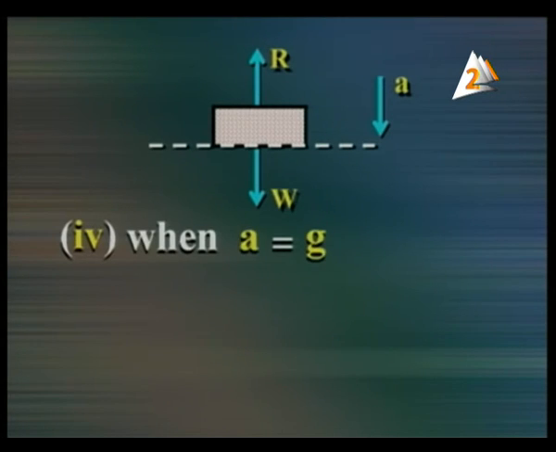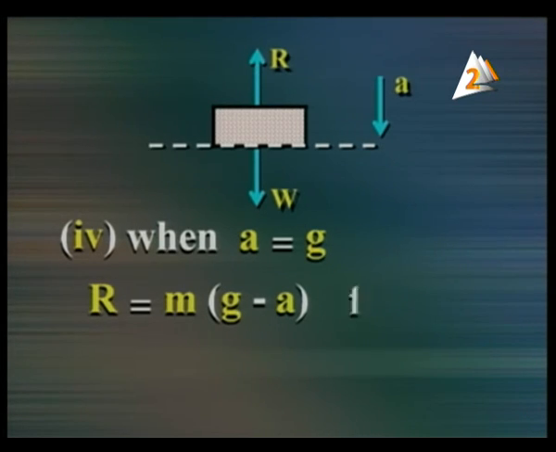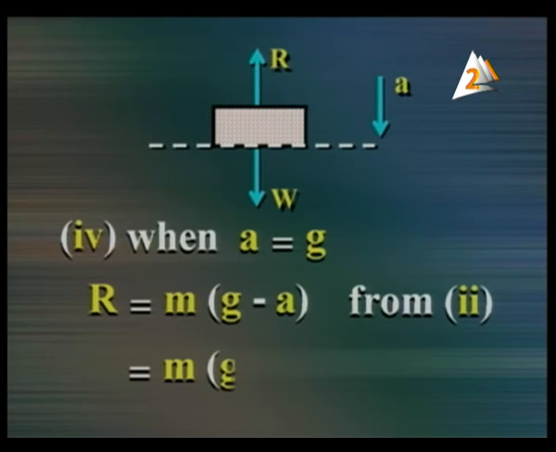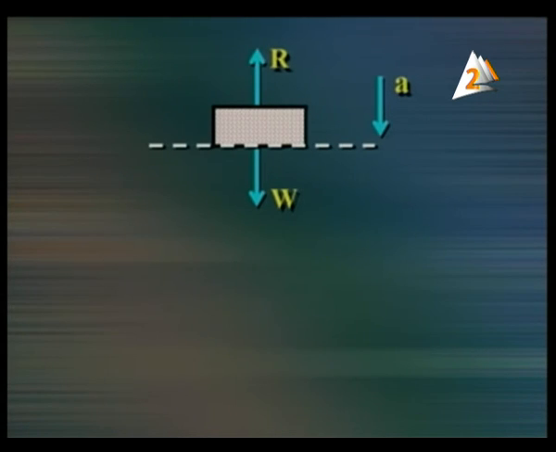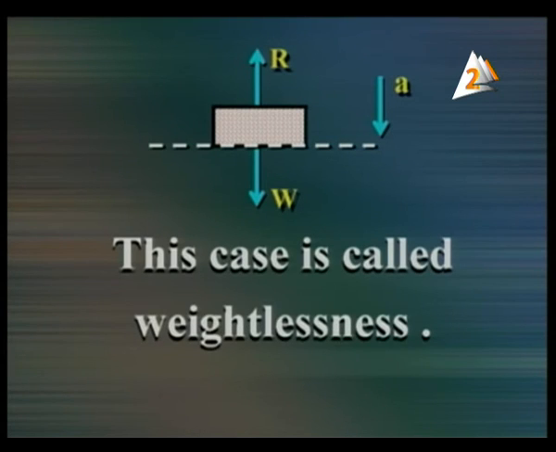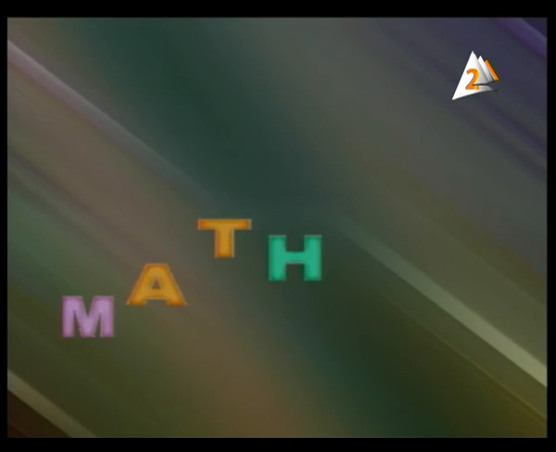The last required is when A equals G. Since R equals M times (G minus A), and since G equals A, therefore R equals 0. Okay? This case is called weightlessness. Weightlessness.